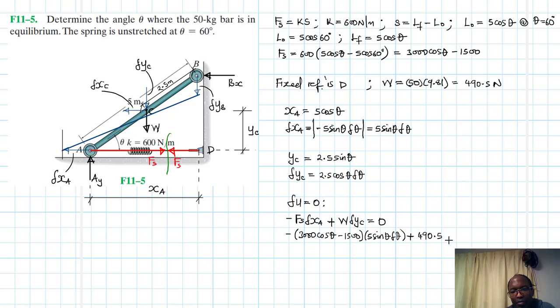And del Y is just 2.5 cos theta del theta, equal to 0. So we can factor out del theta like so, and then we have minus 3000 cos theta, then plus 1500.